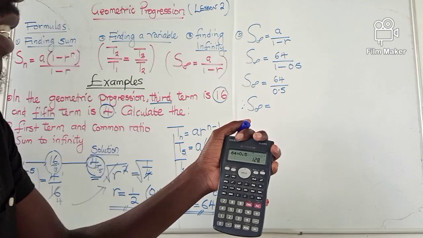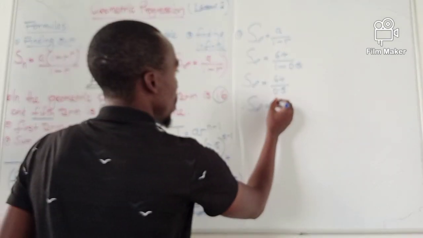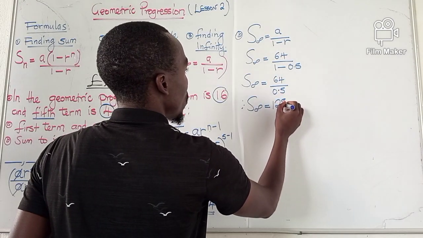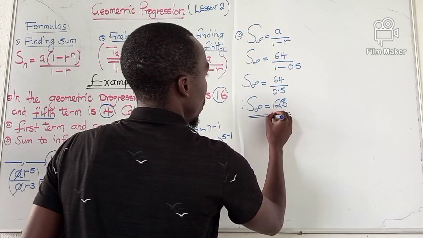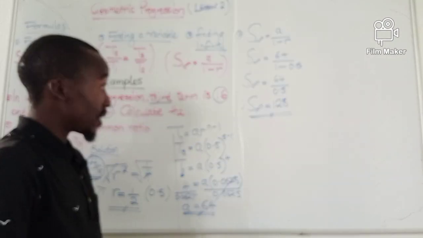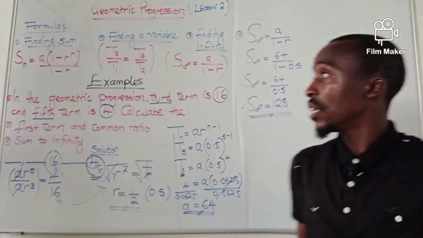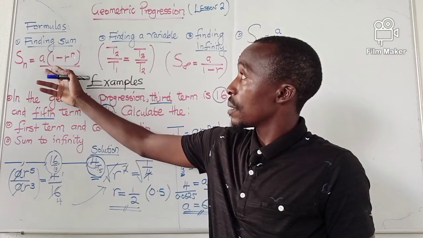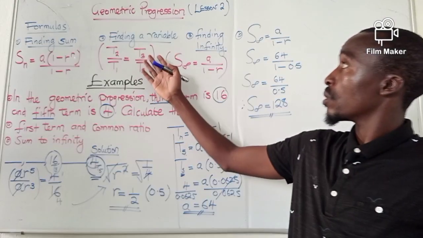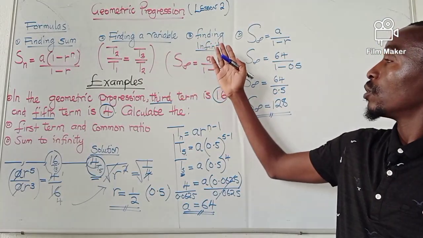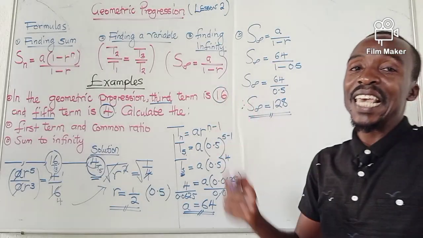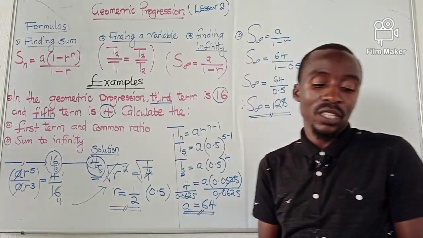What is the answer? 128. So our sum to infinity is 128. Okay, as simple as that. So students, that is how we work out the sum, finding the missing variable, and also finding the sum to infinity. That is how we deal with the questions.